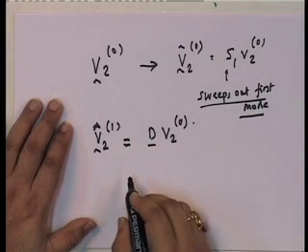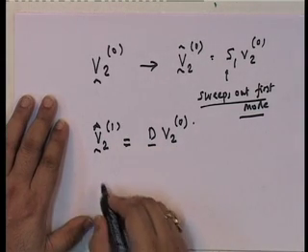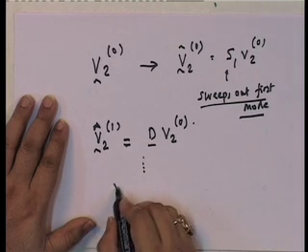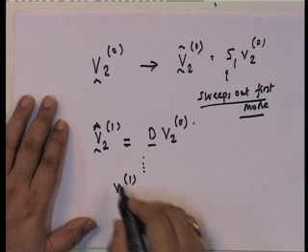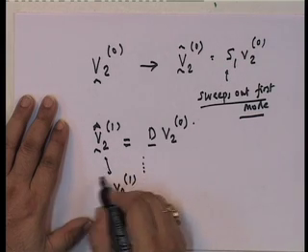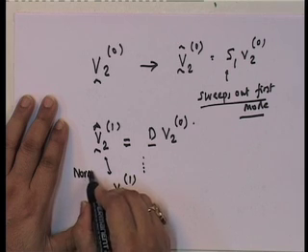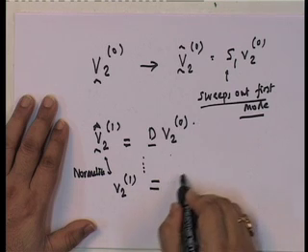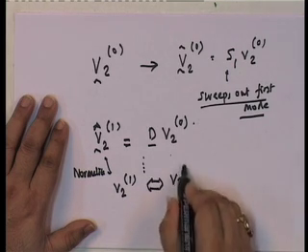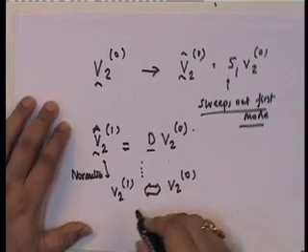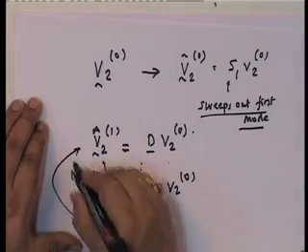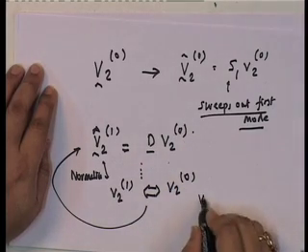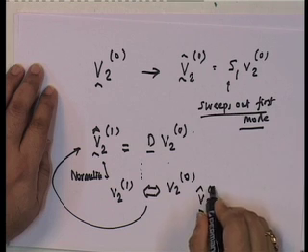Now, next, check V2 1. This is normalized, and check against V2 0. Then iterate that, this becomes V2 2.